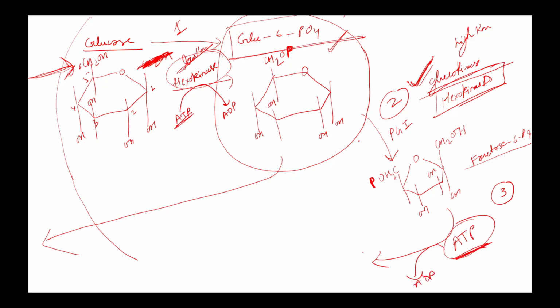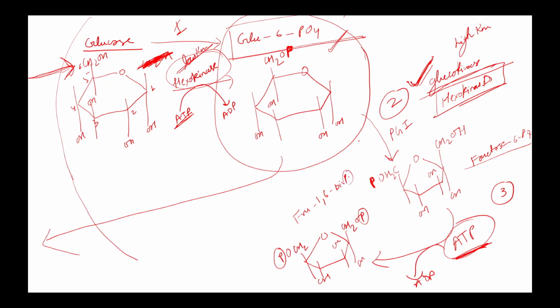And then this fructose 6-phosphate is converted to fructose 1,6-bisphosphate.